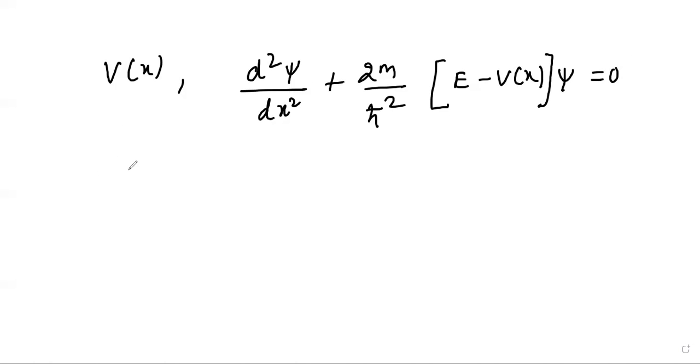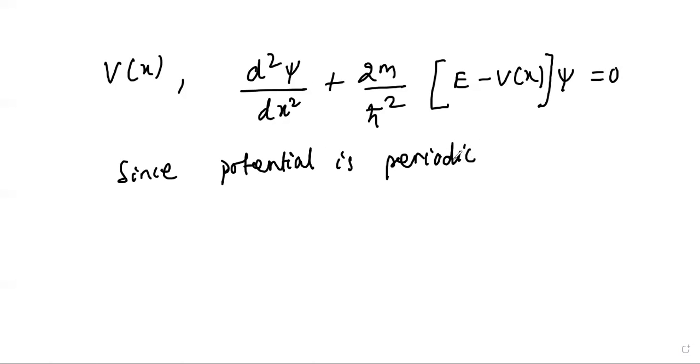Since the potential is periodic, with the periodicity equal to the lattice constant a, the potential will be repeated after an interval of x plus a.